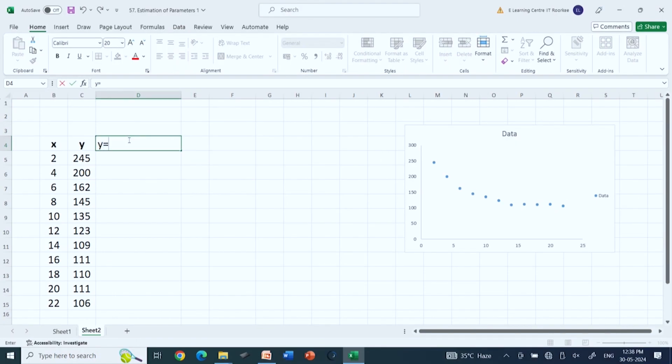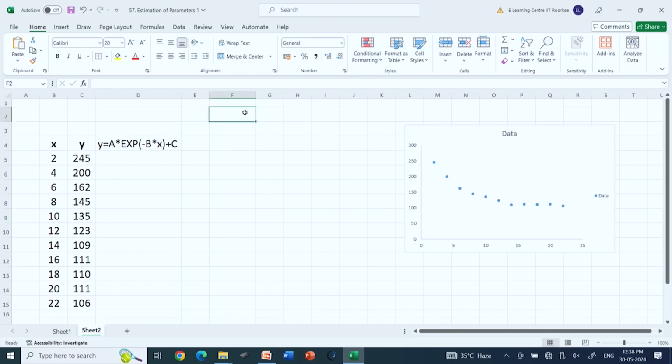So, I can choose the function in the form y equal to a into exponential of minus bx plus some constant. So, I have the parameters a, b and c.